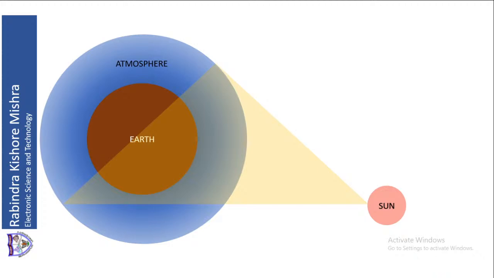This ionosphere starts 90 kilometers above the Earth, and it extends up to about 1500 kilometers above the Earth. That is the region in which it gets ionized. Now, in this ionized region, from the bottom to the top, at the bottom of the ionized region the density is maximum, and at the top of the ionized region the density is minimum.